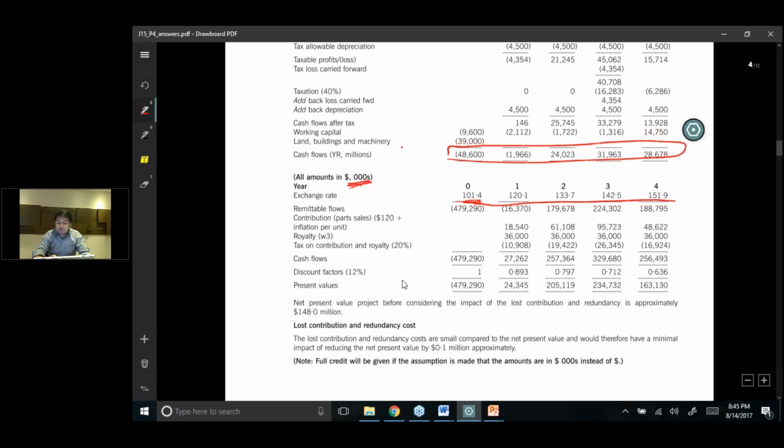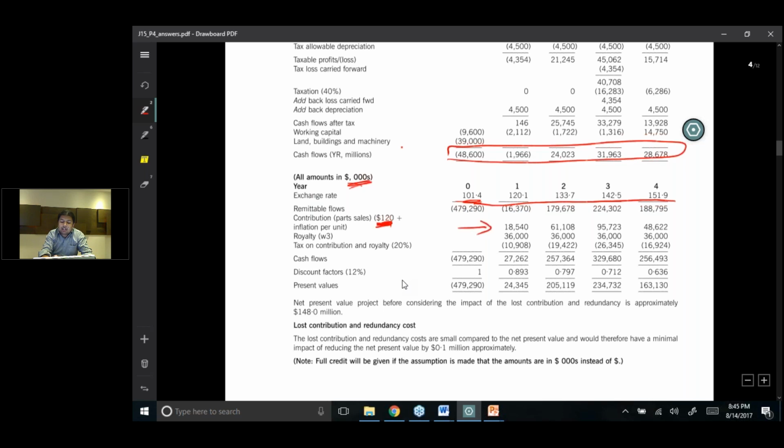Okay, now remember, you have sold some parts to the subsidiary company at $120 contribution. So now that $120 contribution will be your income. Inflate that $120, multiply it with the number of units.